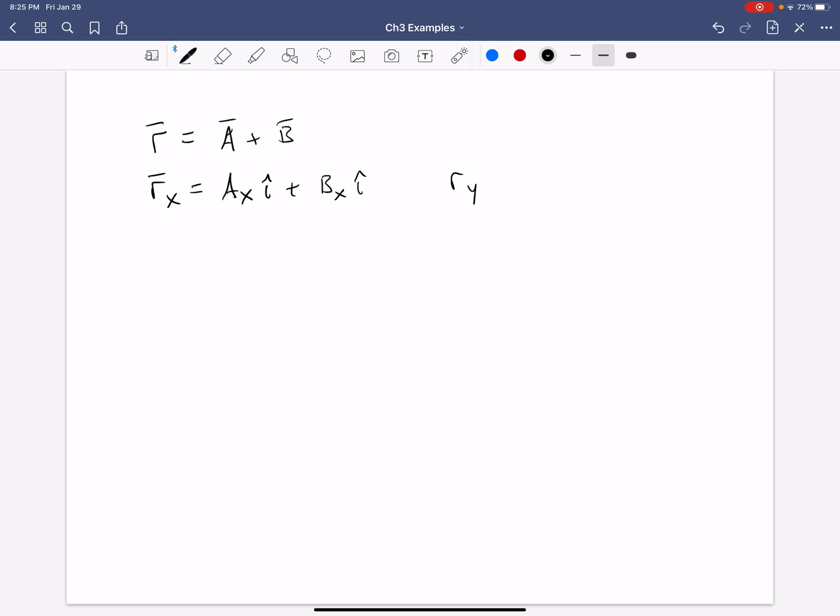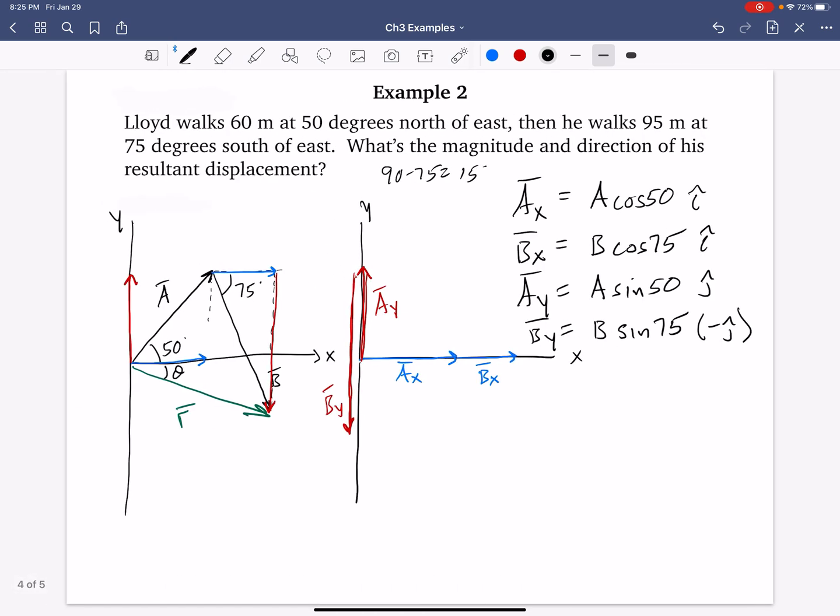And similarly for the y direction, Ay, that's definitely a j hat, and negative By j hat. Yeah, I'll put the negative in there now because that component is going down.